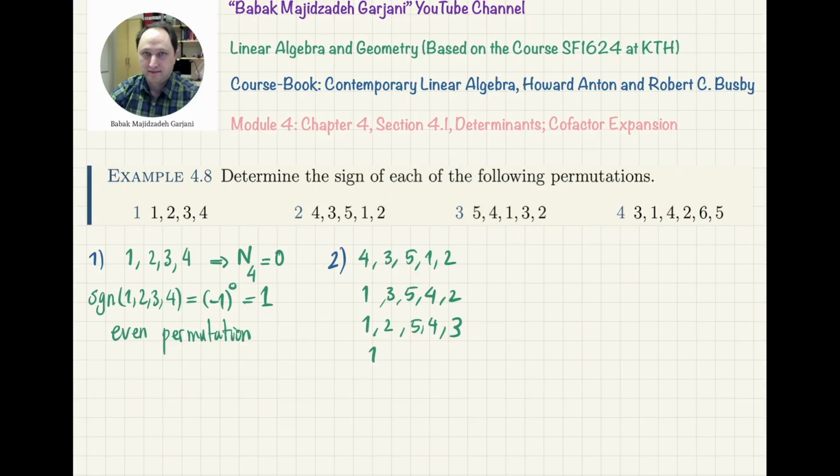I will get 1, 2, and then I will get 3, 4, and 5. Now it's good. Now it's in natural order. But how many successive transpositions did I apply? 1, 2, 3. Yes, so this means that the sign of 4, 3, 5, 1, 2 is equal to -1 to the power of 3, which is -1. So this is an odd permutation.